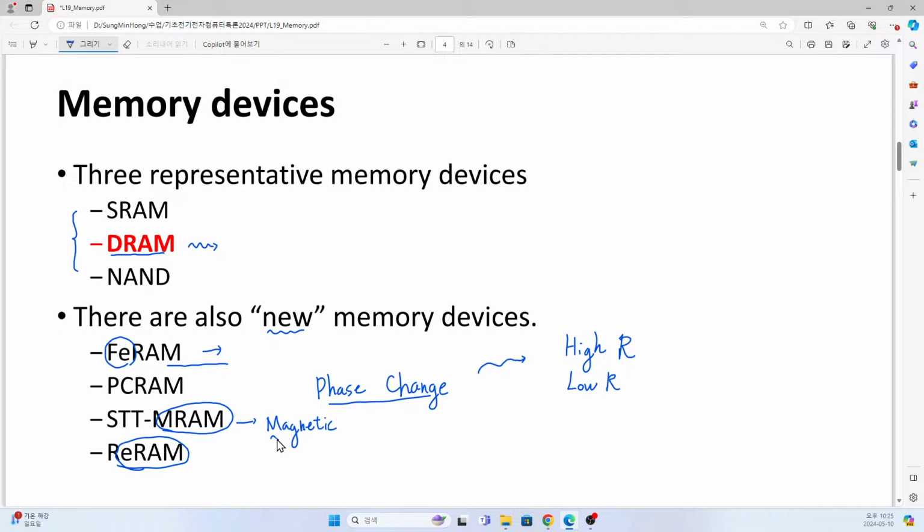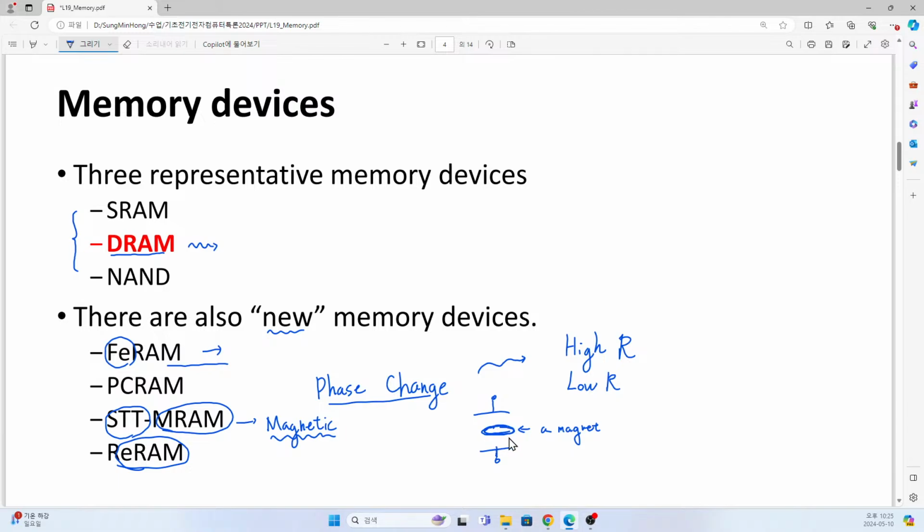Depending on its operational principle, we have some different specifiers in front of MRAM, but basically it means that in between two terminal contacts, we have a certain layer of a magnet, and by applying certain voltage or conducting current, we can switch the spin polarity of this magnetic part.